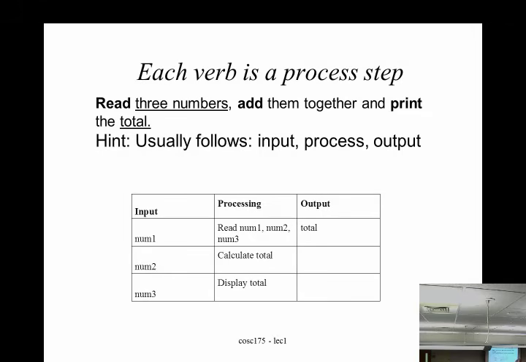Now, one other tip, and I'll start with this next on Thursday as well. Let's take a look at the processing steps for a second, and let's see if we can find something really funny about this. In step 1, where we say read num1, num2, and num3, what are we kind of doing?